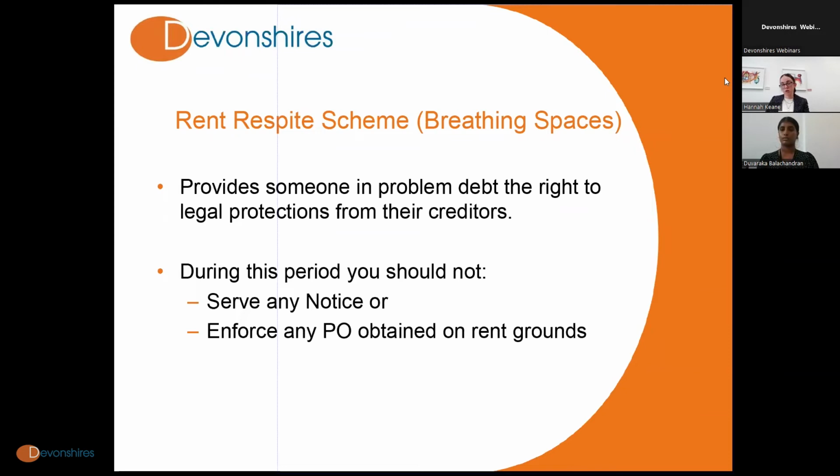The breathing space moratorium for rent is at part 2. And it effectively, like I said, allows the tenant or the debtor to apply to a debt advice provider for a breathing space moratorium. And what this effectively means for you is that the moratorium period, if granted, starts on the date that it's registered and can last for a period of 60 days.